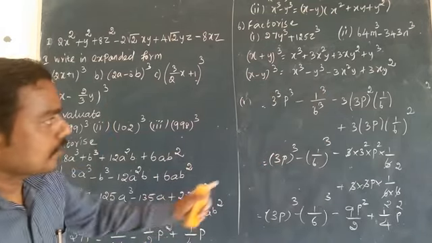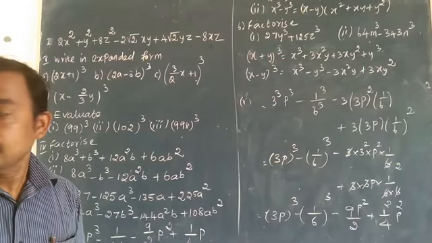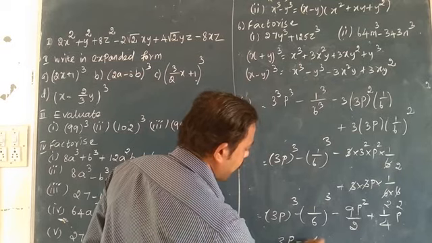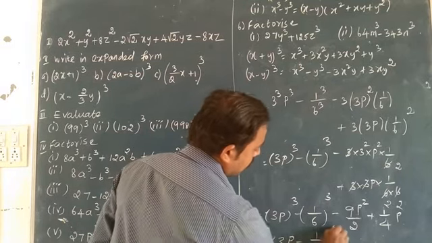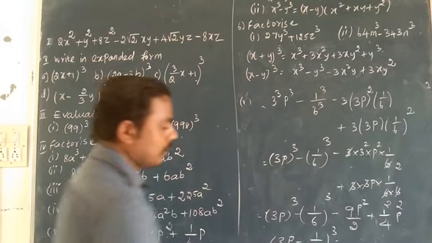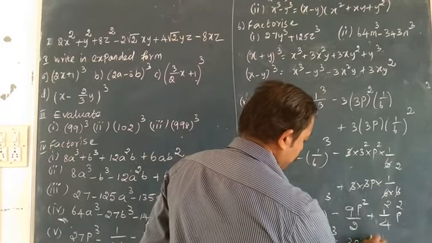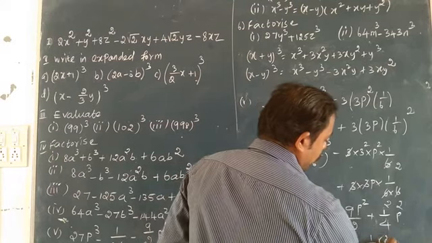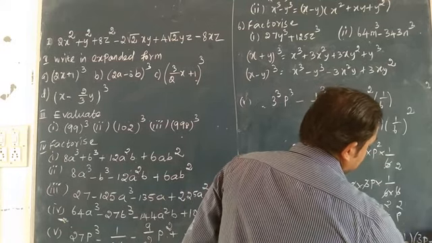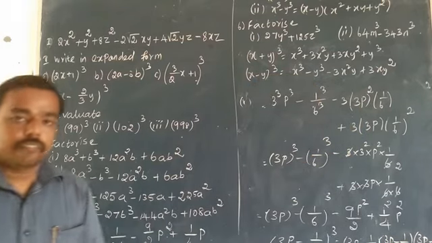This is possible from your identity. So you can write directly, this one is (3p minus 1 by 6) the whole power 3, a minus b whole power 3. So that is (3p minus 1 by 6) into (3p minus 1 by 6) into (3p minus 1 by 6). Like that you can find your answer.